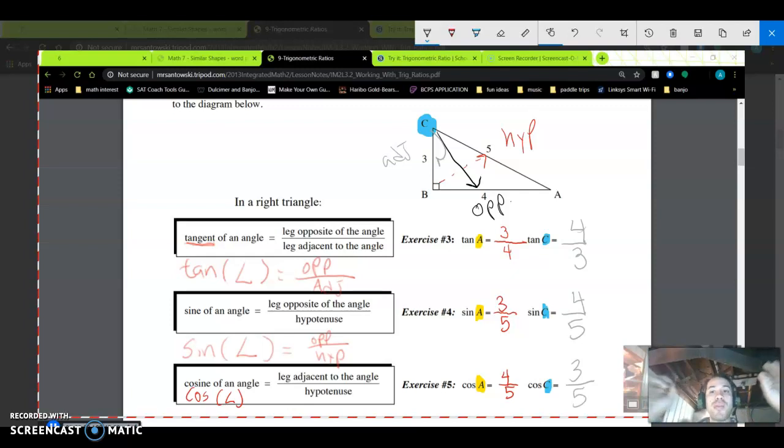So you can see how important it is when we're looking at these problems that we focus on our angles and labeling our sides. Please make sure you take a picture of this example. It'll be helpful for your notes.